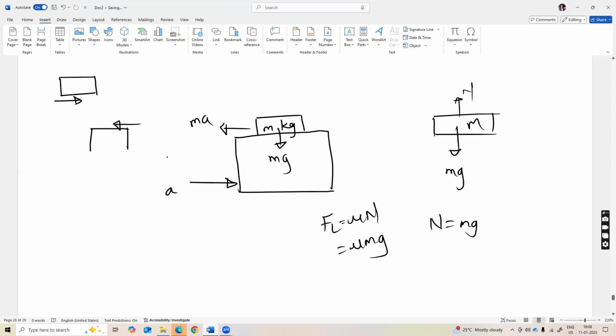The bottom one is moving in the rightward direction with acceleration a, so the force will act in the opposite direction on it.